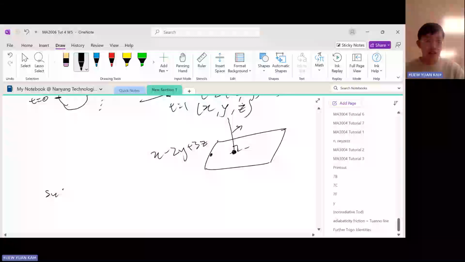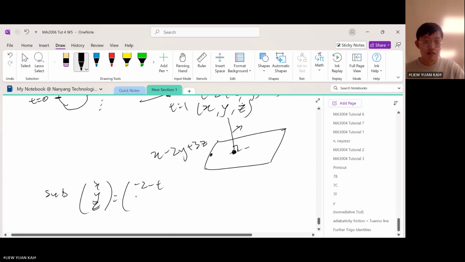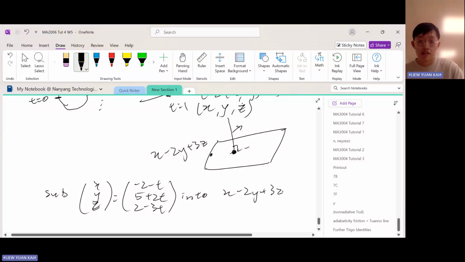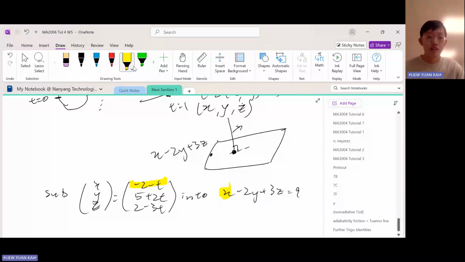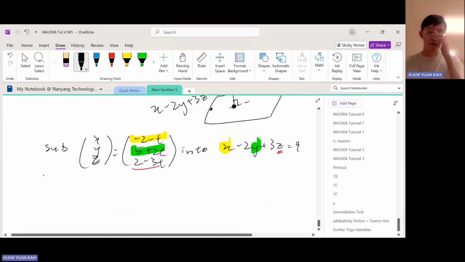Sub the equation of the straight line, namely x, y, z equals minus 2 minus t, 5 plus 2t, minus 2 minus 3t, into x minus 2y plus 3z equals 9. This one I sub into x, this one into y, and this one into z, because they share the same point where they intersect.